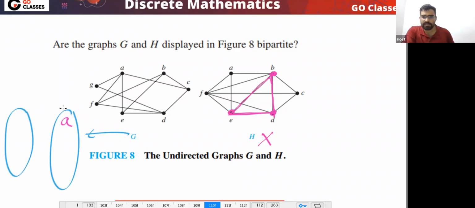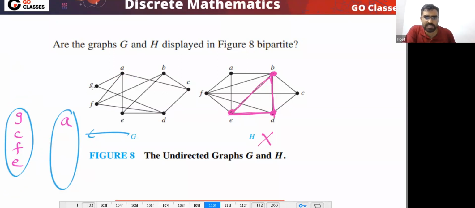If I put A here, then automatically which vertices should go here? This vertex should go here, this vertex, this vertex, and this vertex. Okay, 4 vertices. Is there any problem? Are any of them adjacent?